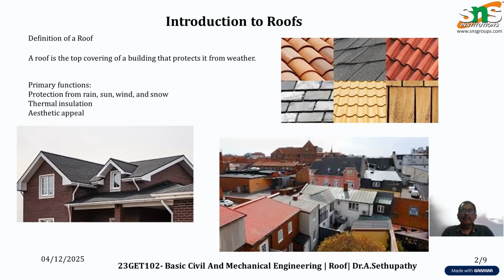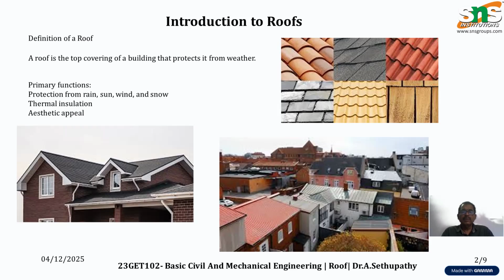And in the north or south pole areas, the snowfall is very heavy, so there the roofs protect from the snow. So in different geographical areas, different types of roofs are used to cover the buildings.